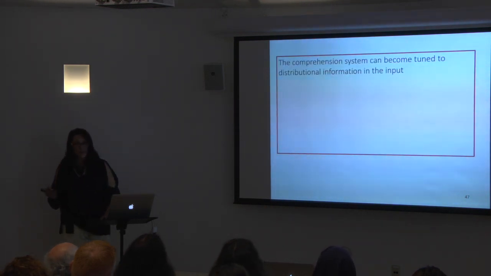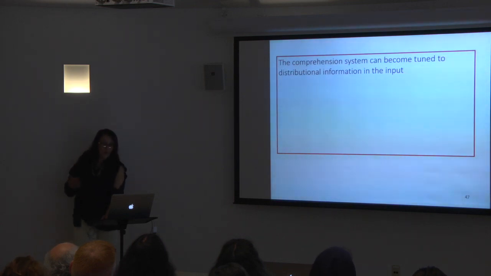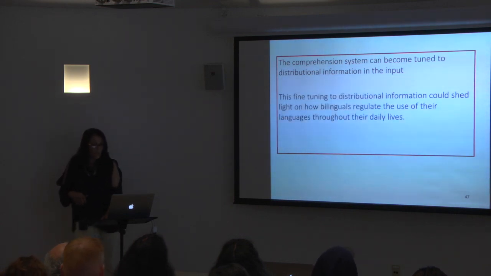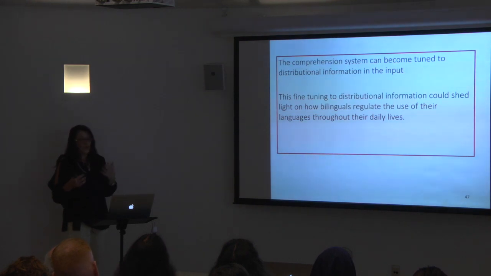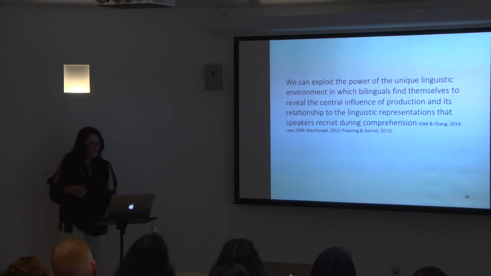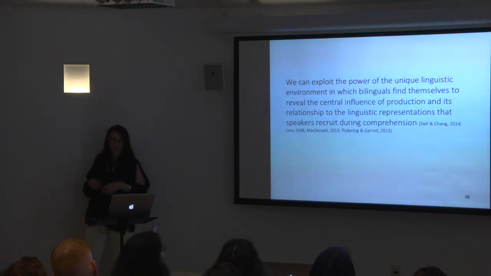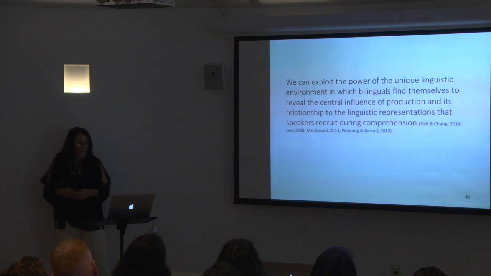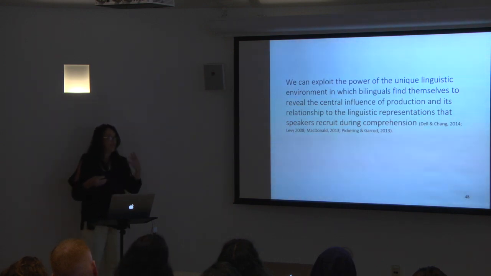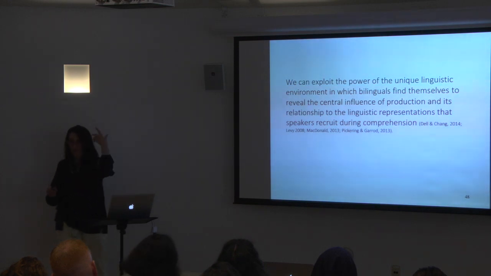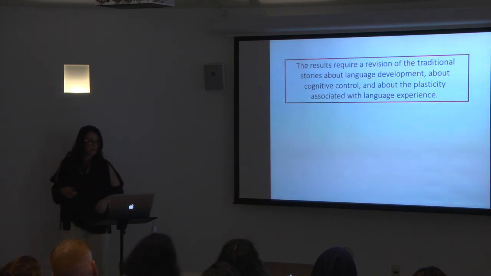And so the comprehension system can become tuned to distributional information in the input, and this fine-tuning could shed light on how bilinguals regulate their two languages in their daily lives. So what I've tried to do here is exploit the power of the unique linguistic environment in which bilinguals find themselves to reveal the central influences that production has on comprehension and on linguistic representations.